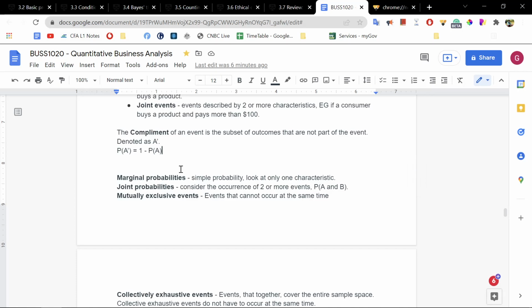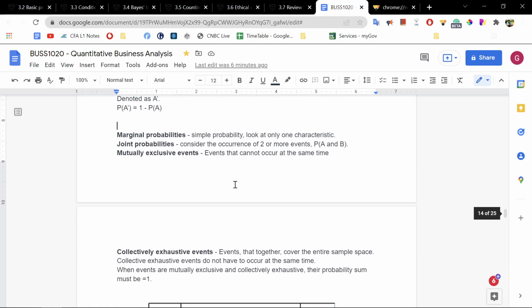Whereas joint probability considers multiple events, two or more, such as the probability of A and B. So what is the probability of consumers buying a product and spending more than $100? That would be a joint probability. Whereas a marginal probability would be: what is the probability that a consumer buys a product, and that's it.